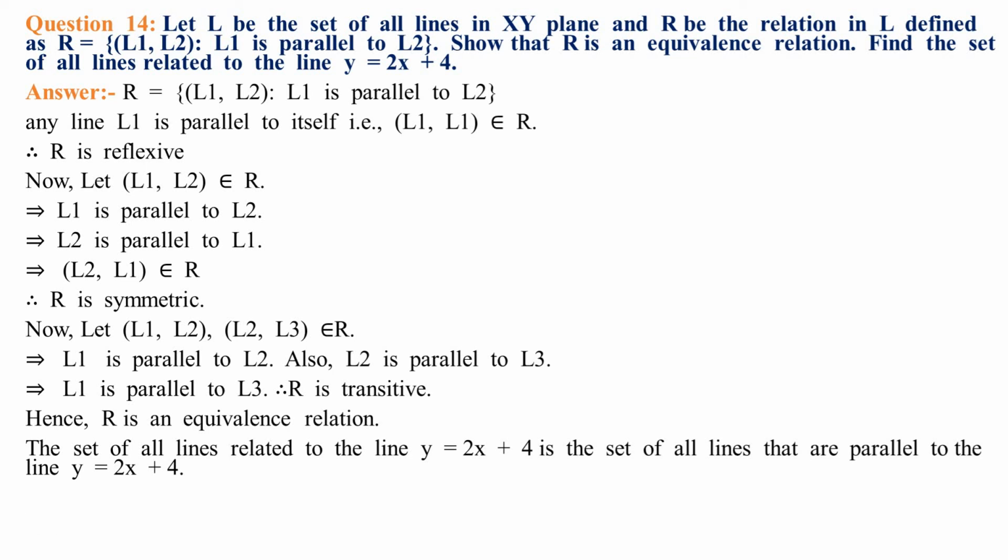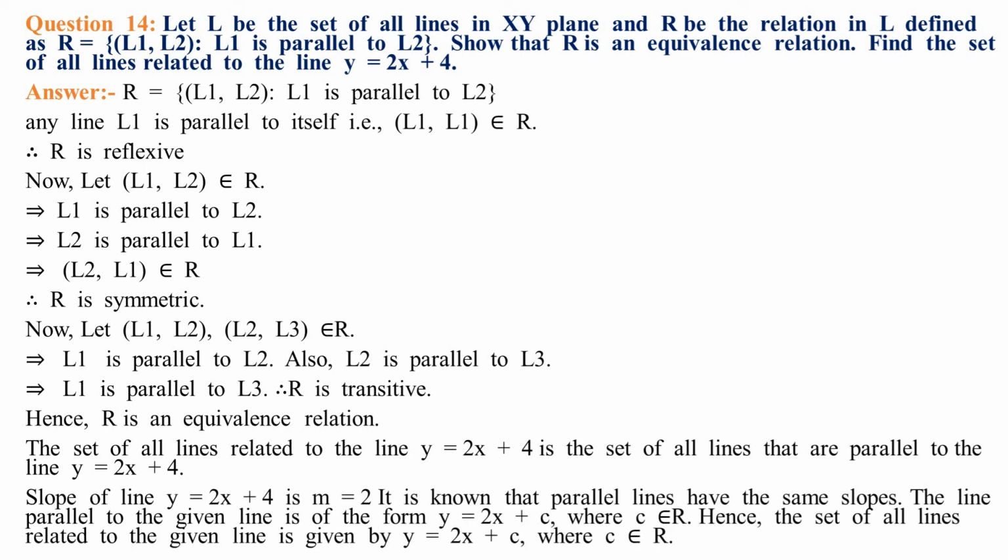Parallel lines always have the same slope. The slope of the line y equals 2x plus 4 is m equals 2. A line parallel to the given line is of the form y equals mx plus c, but m equals 2, so y equals 2x plus c, where c belongs to R. The set of all lines related to the given line is given by y equals 2x plus c.